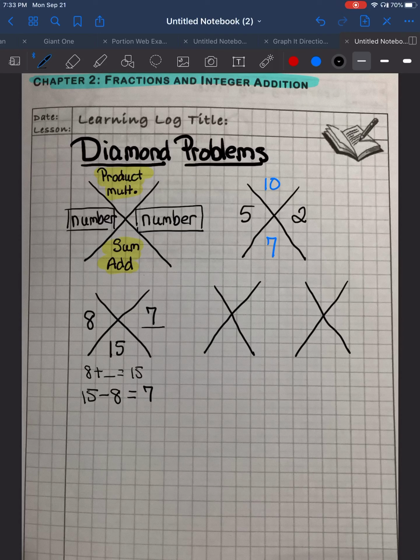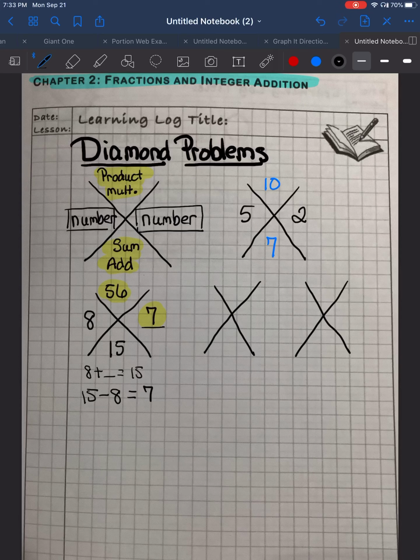I multiply to get 56, and I know the number that goes there, right? So one of them is a little trickier to find, but once I know that one, then I can just multiply to get the number on the top, right? Oh, I didn't change the color. So these were the two we found. I forgot to change the color on that one. Okay, so that was a little bit trickier.